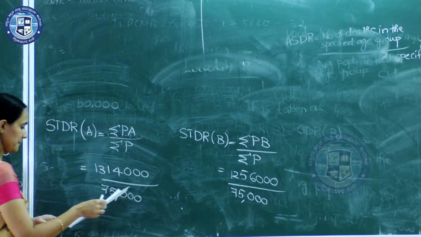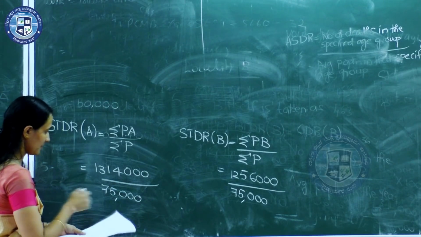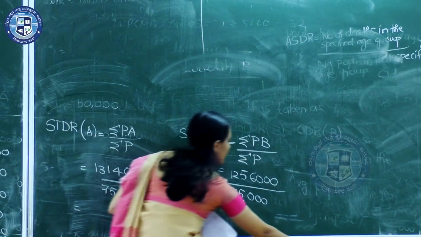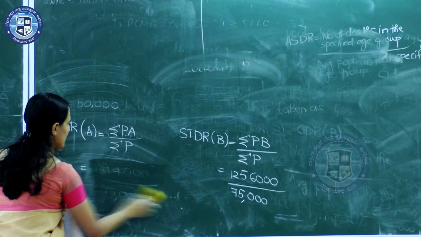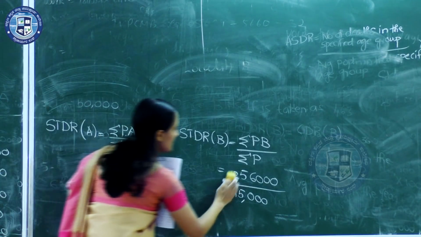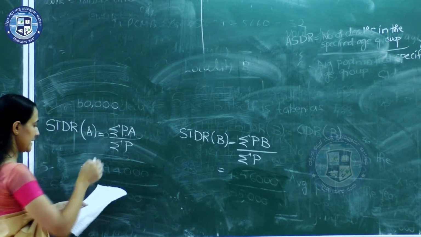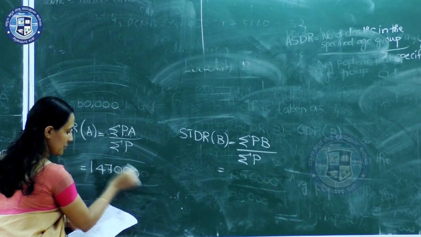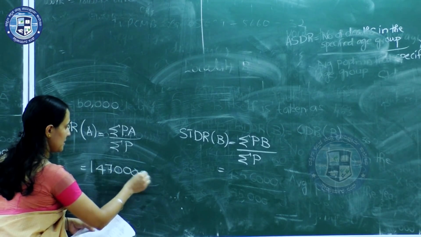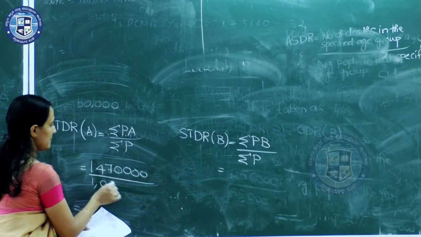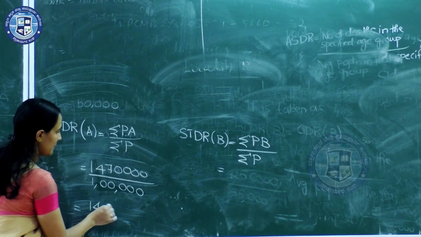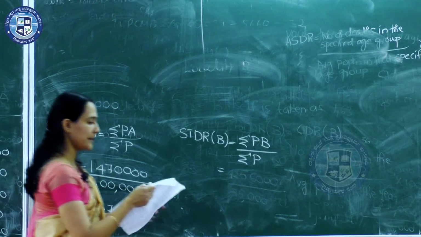For the first one, sigma PA total is this much. Sorry, sigma P is 75,000, not this one.